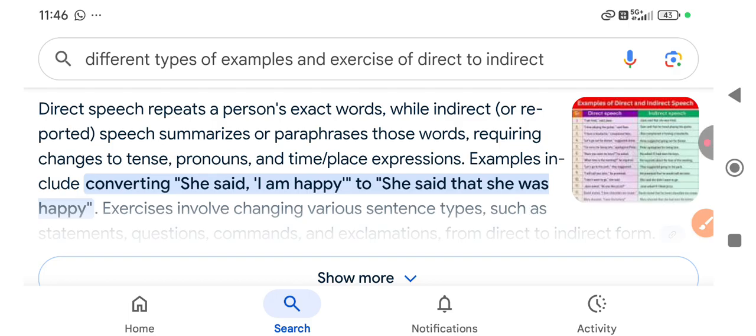Here we are going to discuss narration, direct narration, and indirect narration. We'll discuss how direct narration changes into indirect narration, what changes occur, and second, there is no one rule for every kind of sentence.